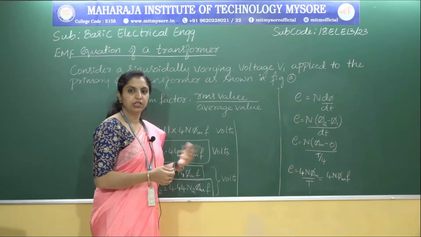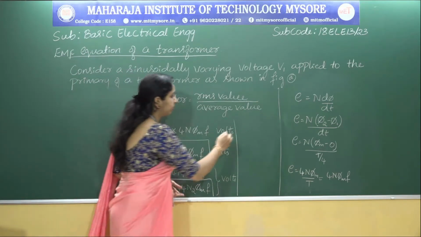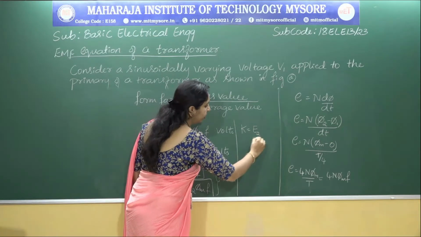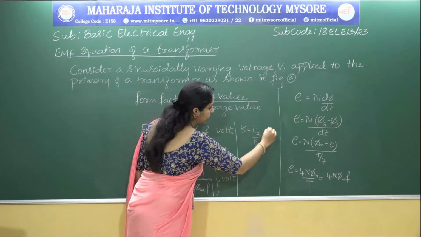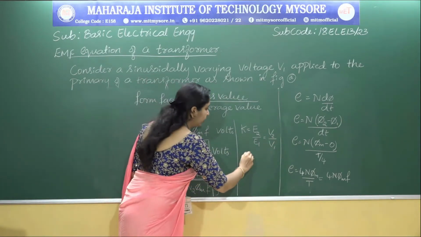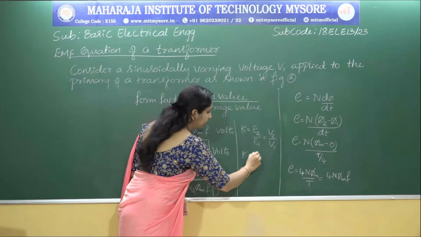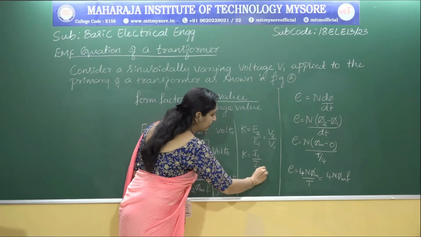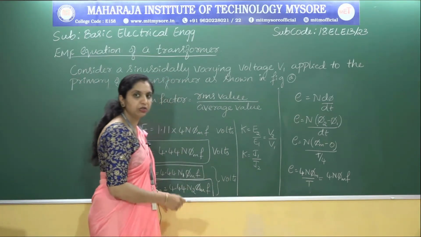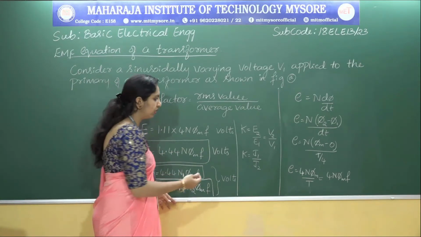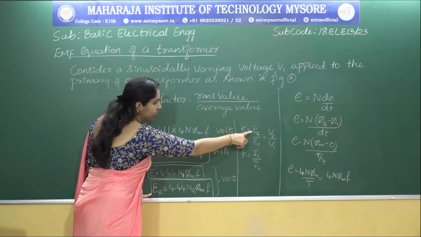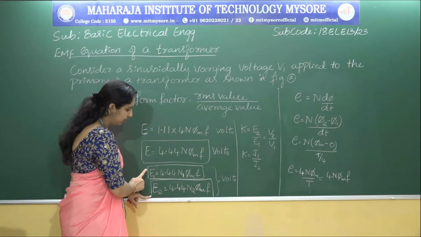In the previous session I discussed the transformation ratio. We expressed it as K is equal to E2 by E1, and similarly in terms of V2 by V1, and also in terms of current as I1 by I2. Now to obtain the same transformation ratio in terms of number of turns, we substitute E2 and E1 with these equations.